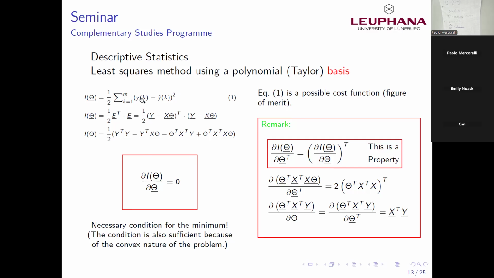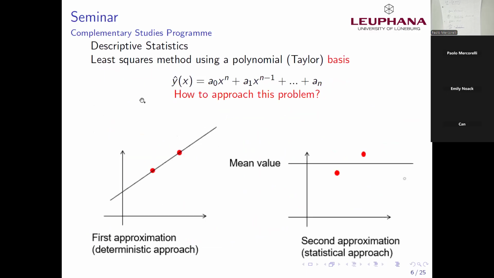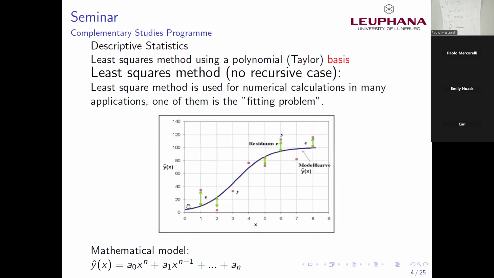Yk, which is here yk1, yk2, yk3, and the corresponding y hat k. This square plus this square plus this square. This is the typical way in the least squares method to obtain at least a convex function to be optimized.